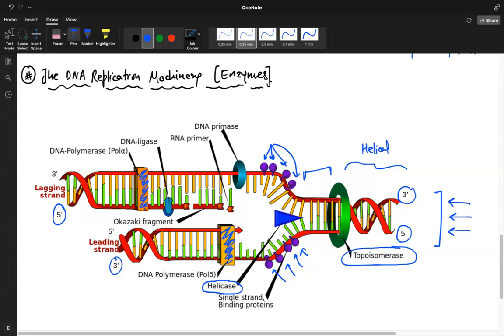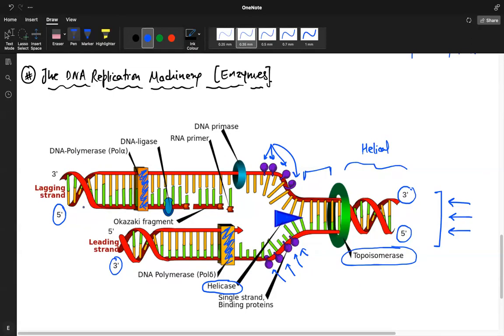Yes, sir. So when you are making new DNA, you are basically polymerizing. You are making polymer. And remember, most of the enzymes, their names end with ASE: topoisomerase, helicase, polymerase. So polymerase is the main enzyme that replicates DNA or that makes the complementary strand.